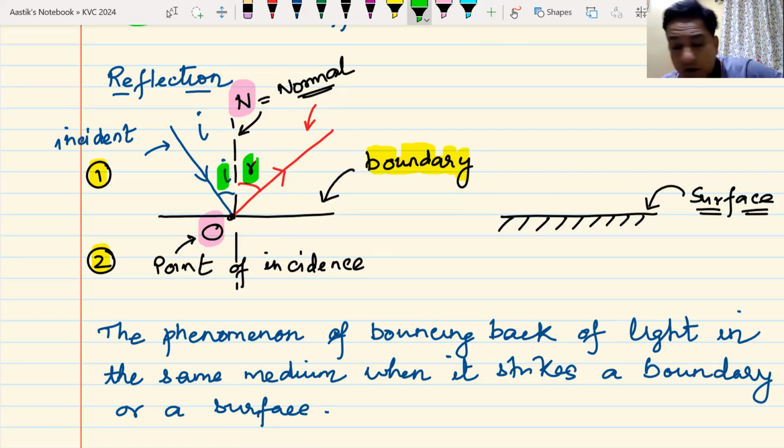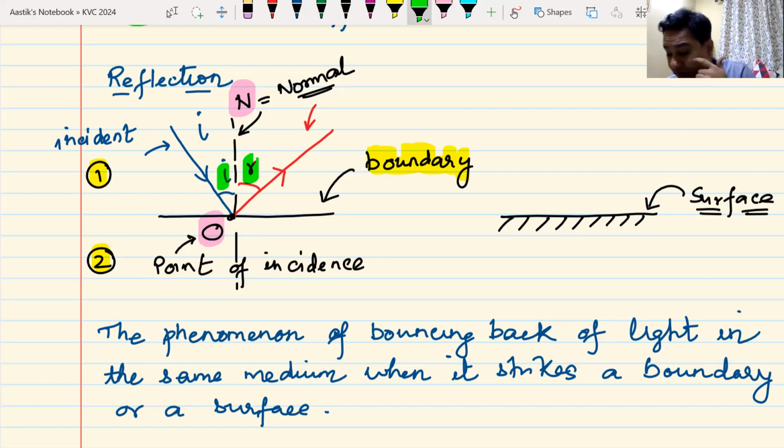Yes, sir. Okay, but again, you must also understand what you mean by angle of incidence. Angle of incidence is the angle between the incident ray and the normal. I have noted it as i here.